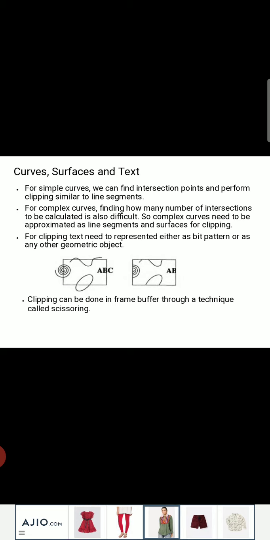So, complex curves need to be approximated as line segments and surfaces for clipping. For clipping, text needs to be represented either as a bit pattern or as any other geometric object. Clipping can also be done in the frame buffer through a technique called scissoring.